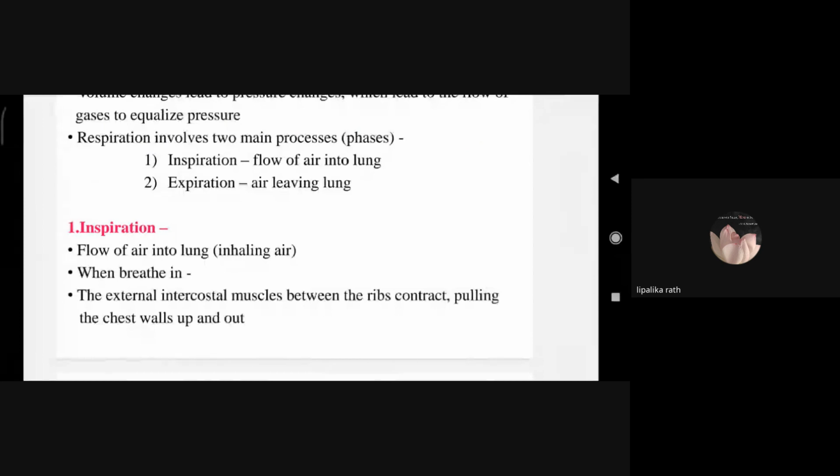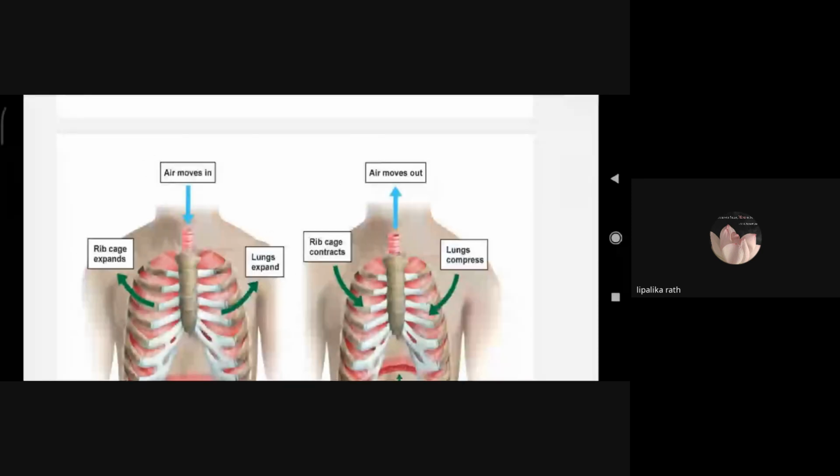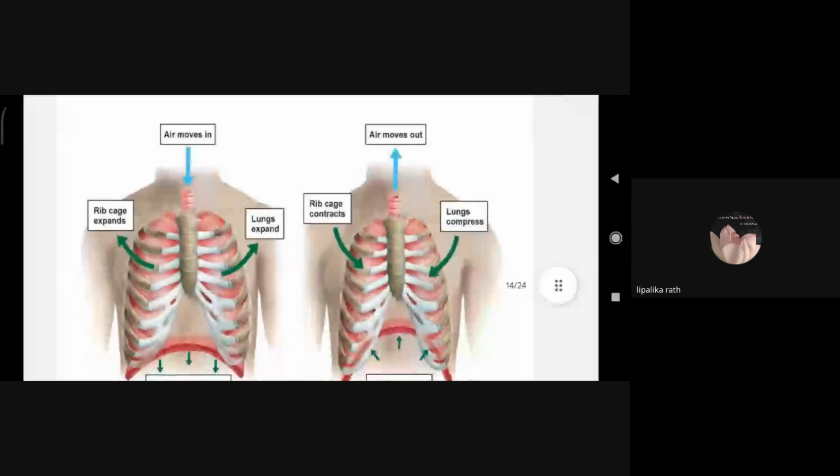The external intercostal muscles between the ribs contract, pulling the chest walls up and out. This is the point we have to understand: when we are inhaling, our external intercostal muscles are contracting. Here in this picture you can see clearly, when we are inhaling, the rib cage is expanding and the external intercostal muscles are contracting.